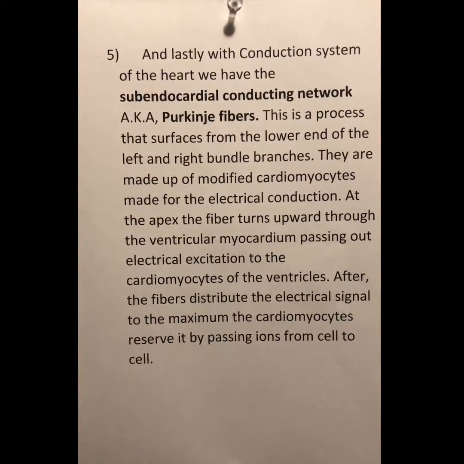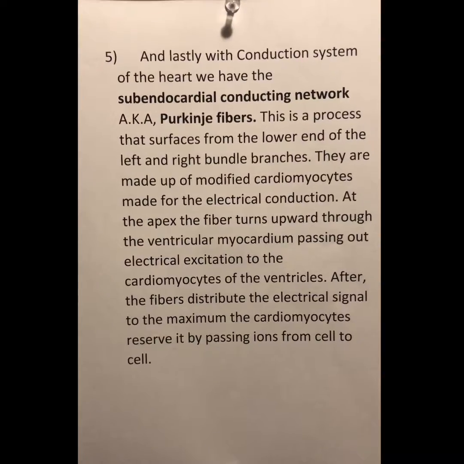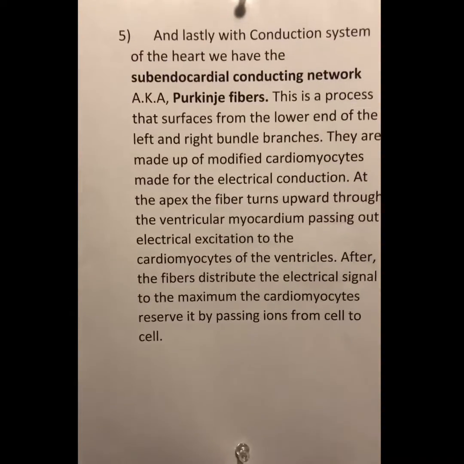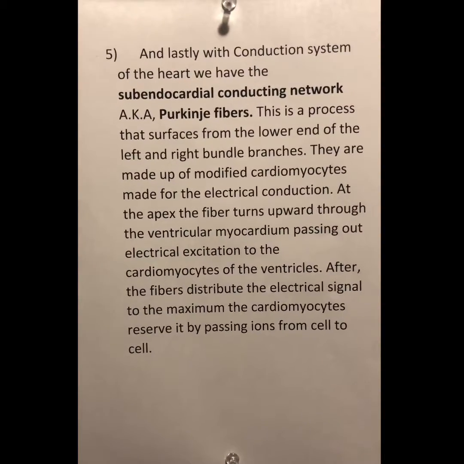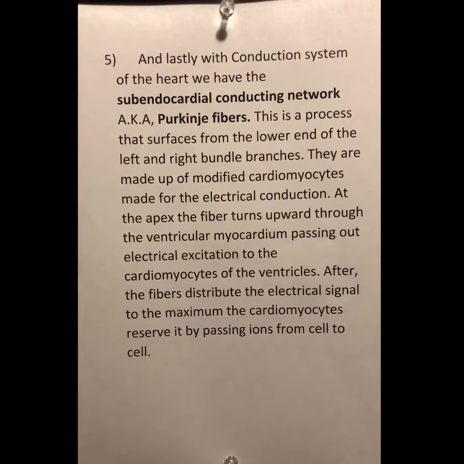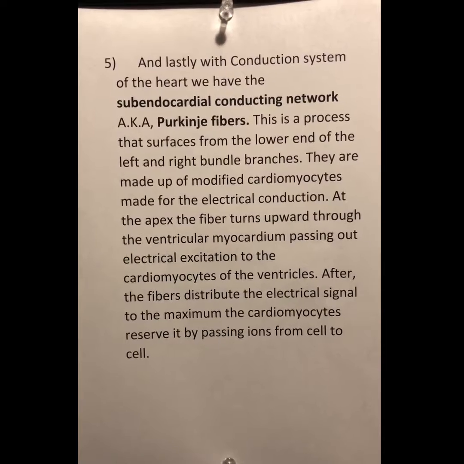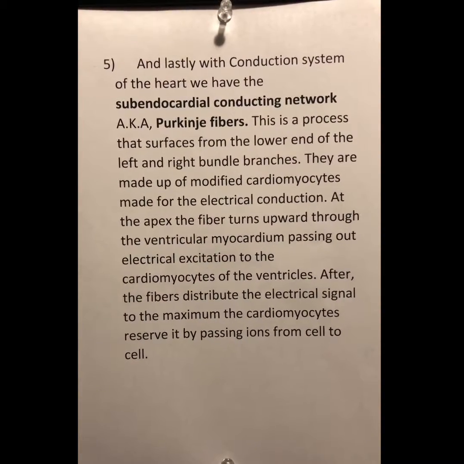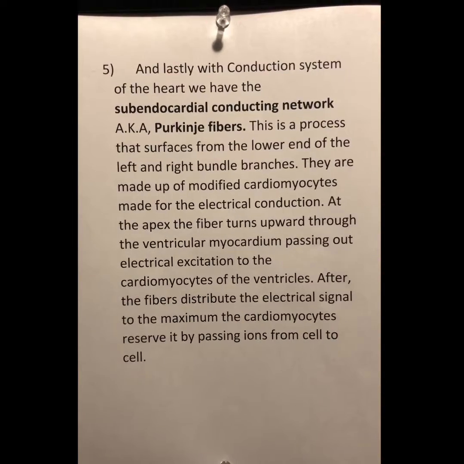And lastly, with the conduction system of the heart, we have the subendocardial conducting network, aka Purkinje fibers. This is a process that surfaces from the lower end of the left and right bundle branches. They are made up of modified cardiomyocytes made for the electrical conduction.